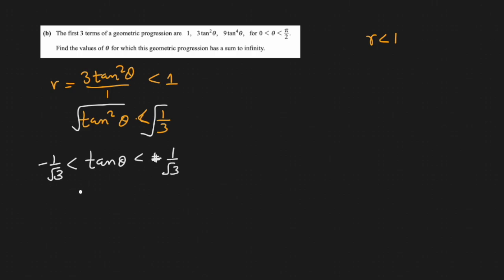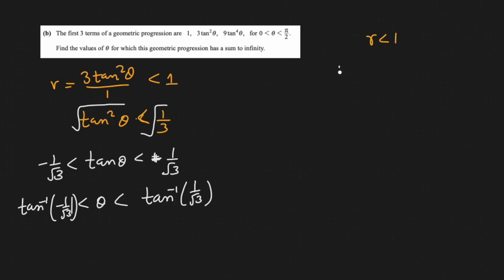Now theta will be tan inverse of 1 over square root 3 and tan inverse of minus 1 over square root 3. Tan is positive here and negative here.